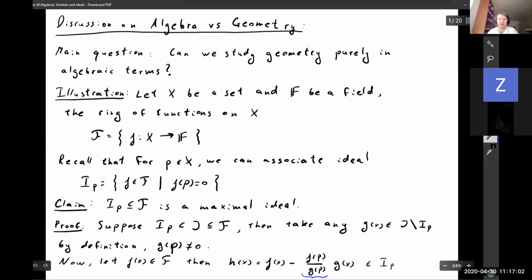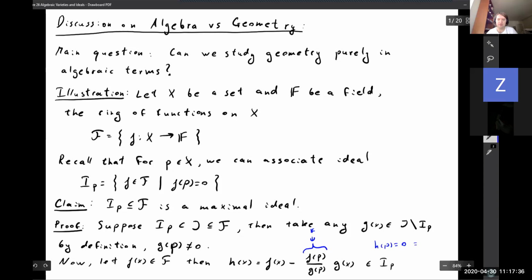That's because this guy belongs to a field F, and note that h of p equals 0.